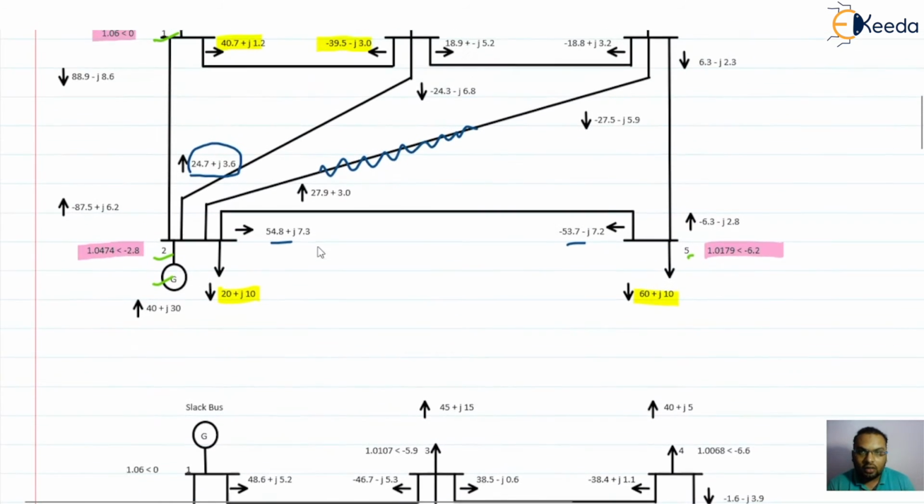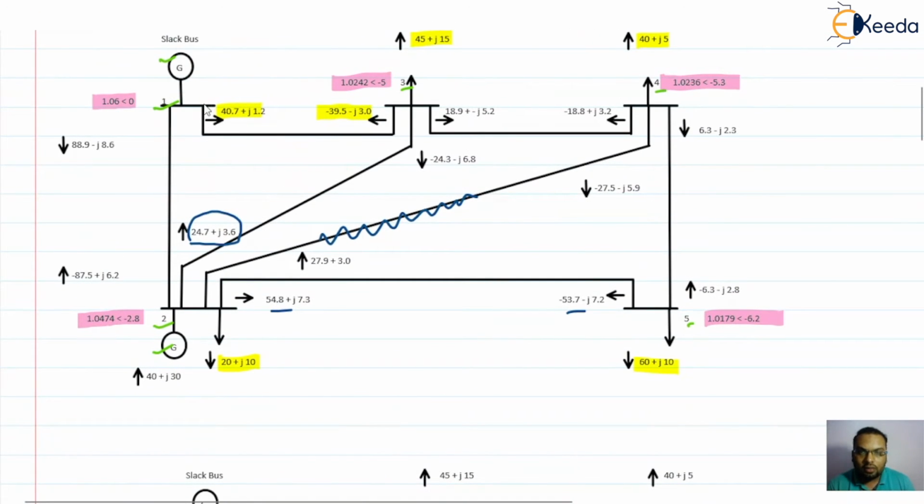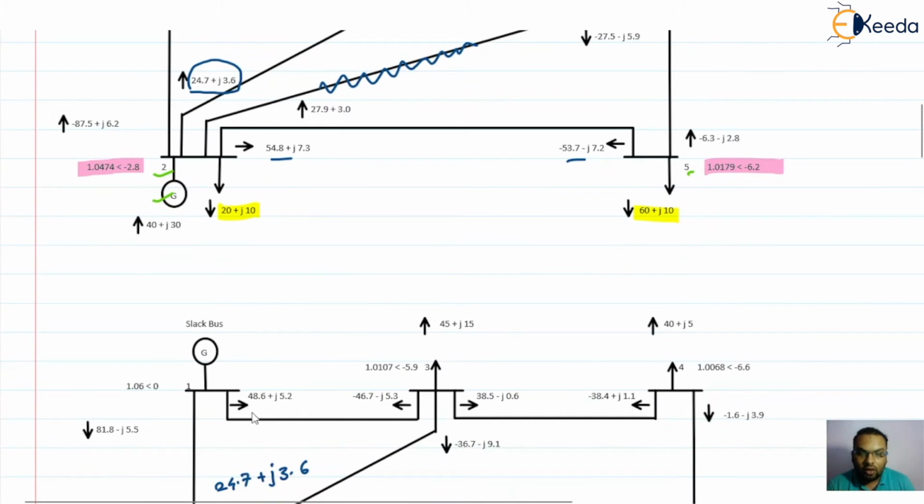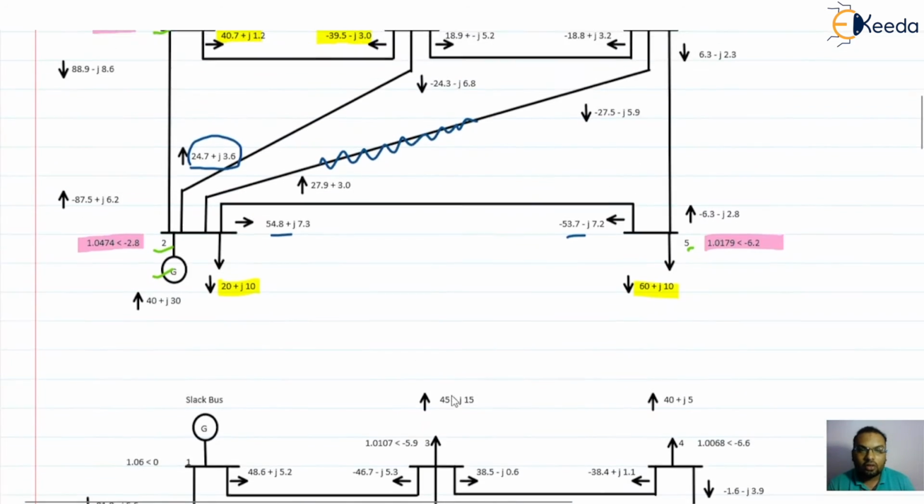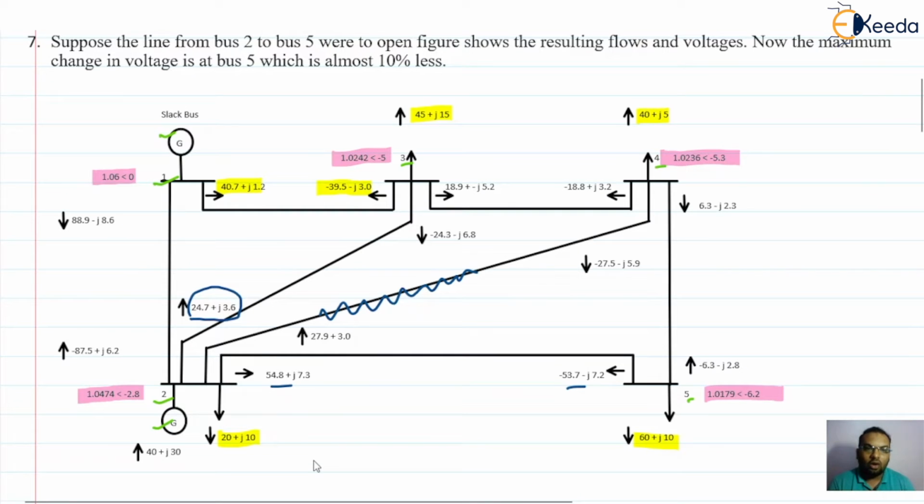Even the line between bus 1 and 3 has changed. So loading on almost all the lines has changed. The bus voltages are also changing, so you have to check for that.